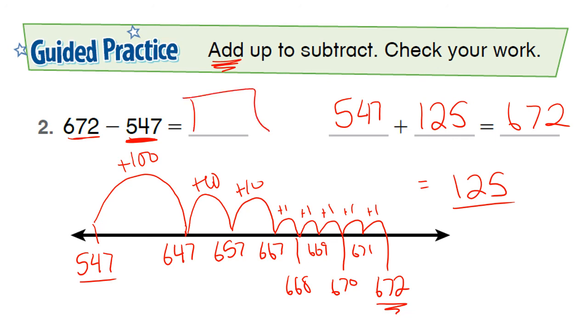I want to know what that is. What is the difference between 672 and 547? I have my 672. I have my 547. So that is my difference. 672 minus 547 equals 125. And that's it.